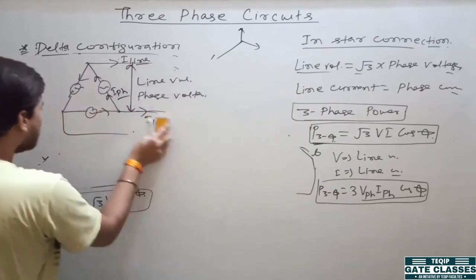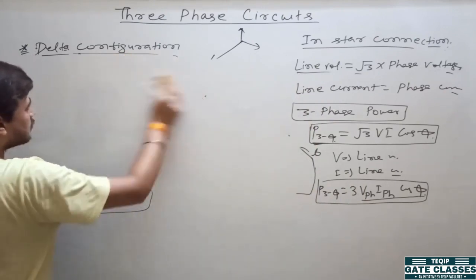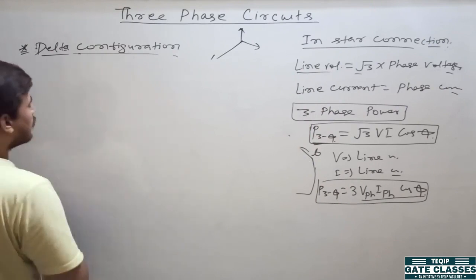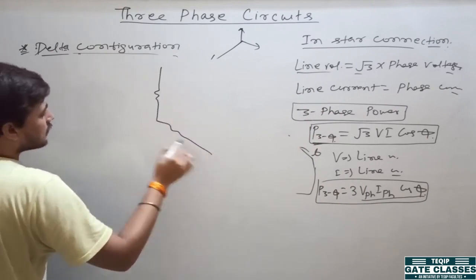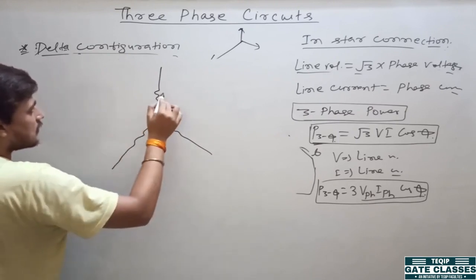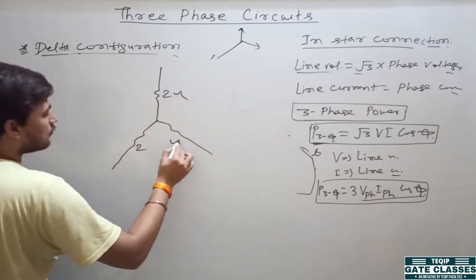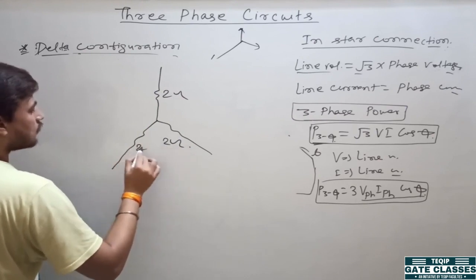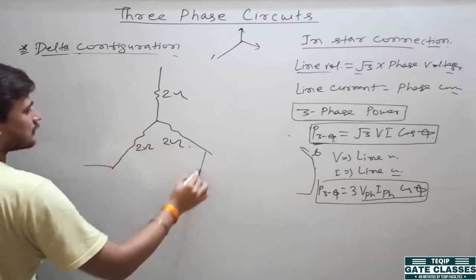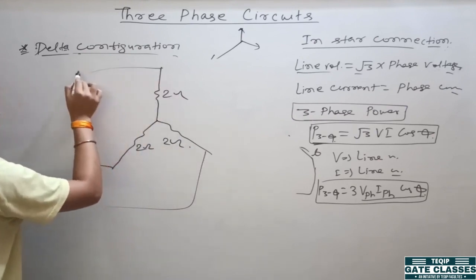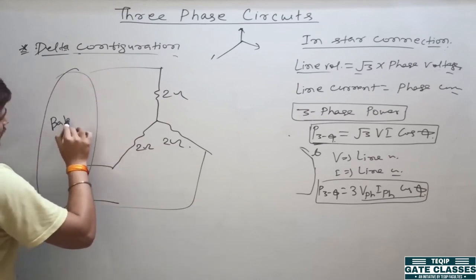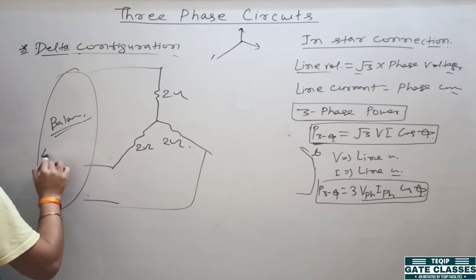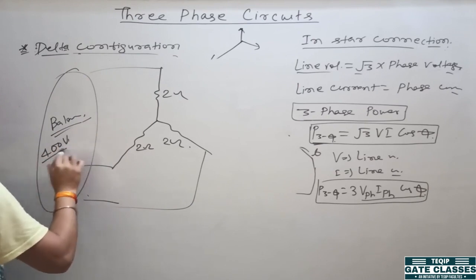For example, see here. Somebody is giving you the load like this. Right now it is 2 ohm, 2 ohm, 2 ohm. This is balanced load. Now you are connecting a balanced supply, and they are saying this is 400 volt balanced supply.